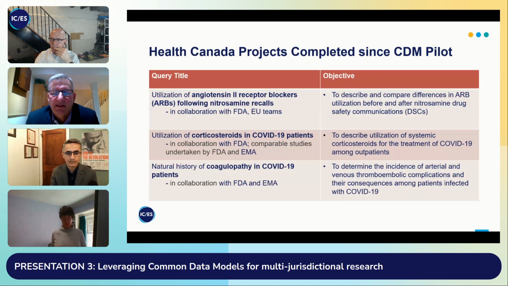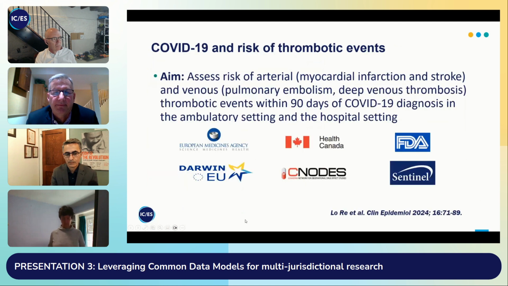And then the last, more recent one was a study of the natural history of coagulopathy in patients with COVID, both in the outpatient setting and in the inpatient setting. That was also a collaboration with FDA and EMA. Next slide, please.